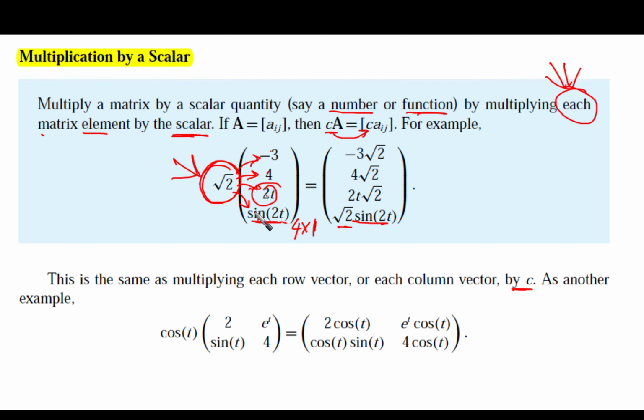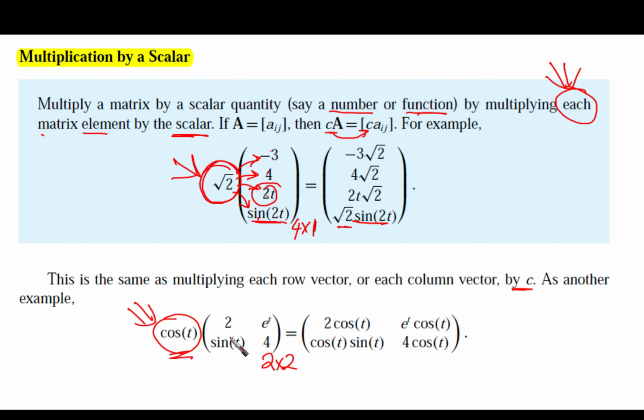It is as if we have multiple rows or multiple columns, and we are multiplying by a scalar function or quantity in general. Here it is a function, and our dimension is 2 by 2, so we have a 2 by 2 matrix.